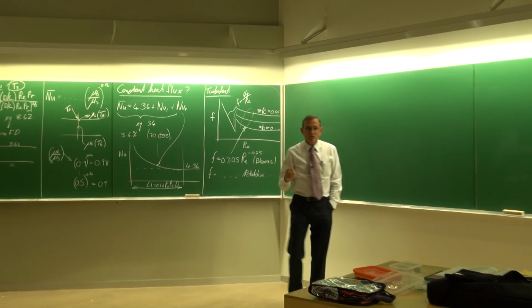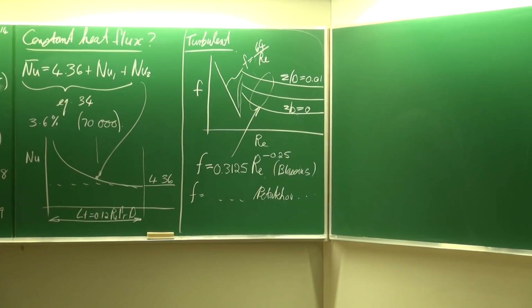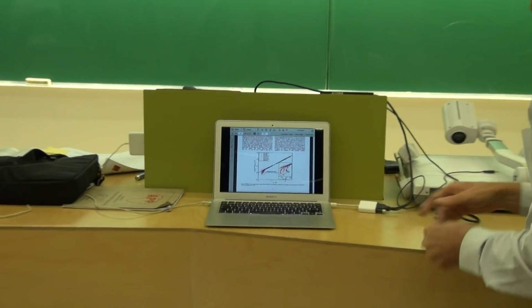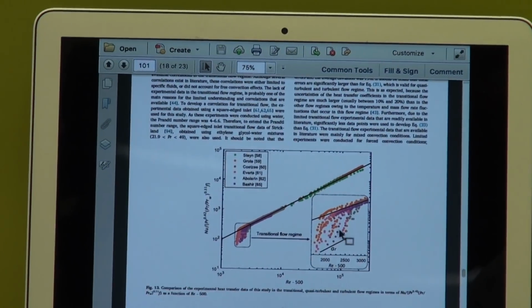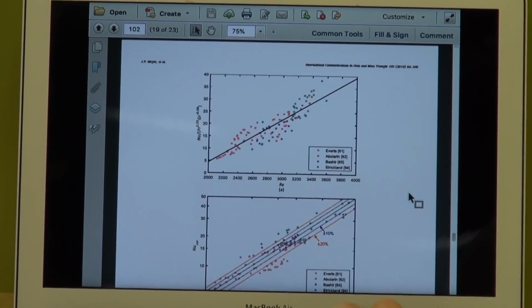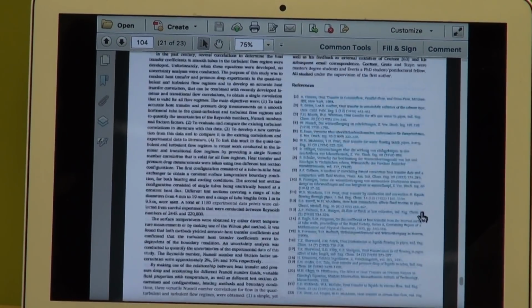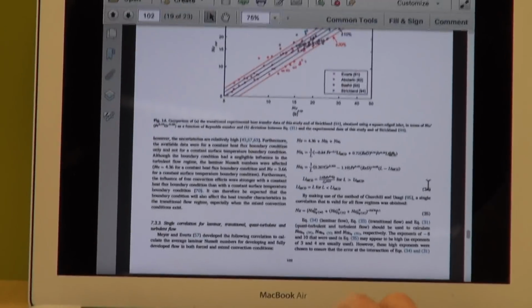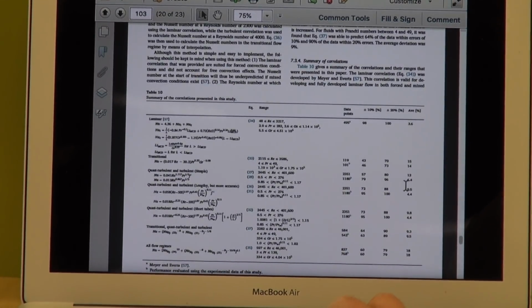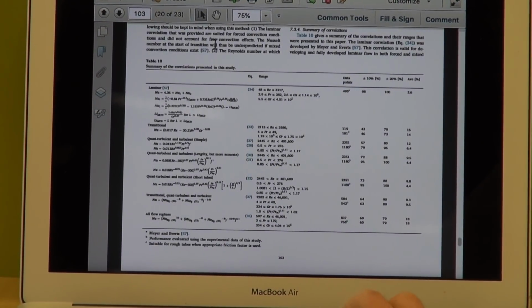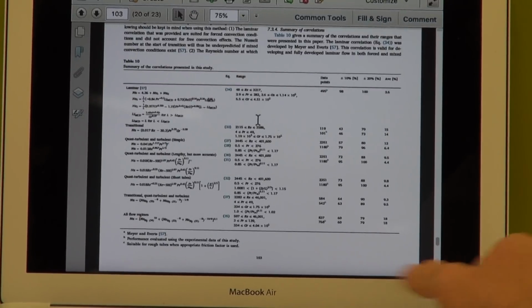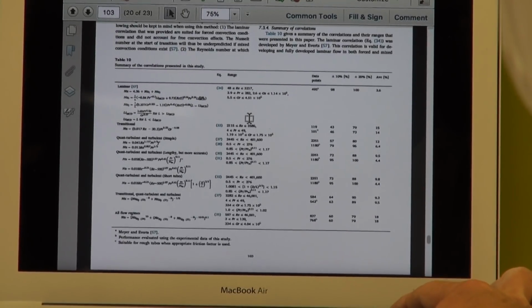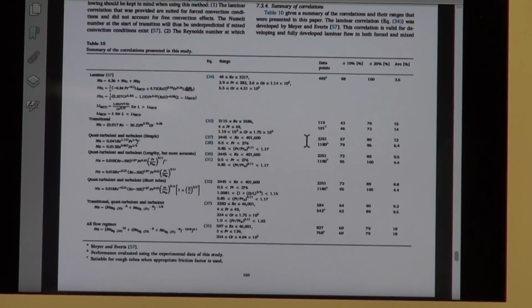All those equations are given in an article that was published last year. We didn't show all the laminar flow details, but the bottom line is that in Table 10, I know it is too small for you, all the equations are summarized for the different flow regimes.